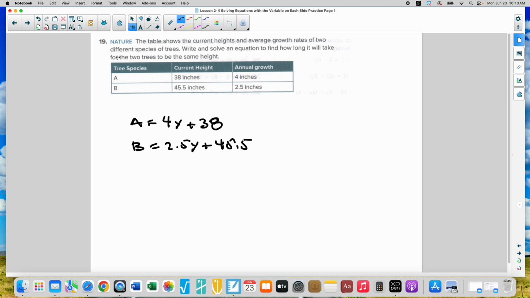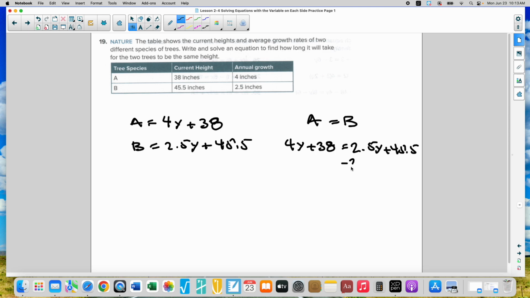Now it says, how long will it take the two trees to be the same height? So when will A equal B? Well, A equals 4y plus 38, and B equals 2.5y plus 45.5.